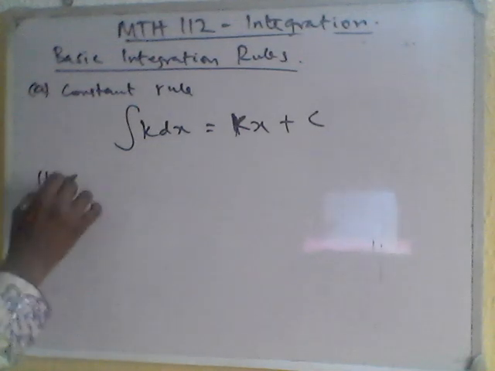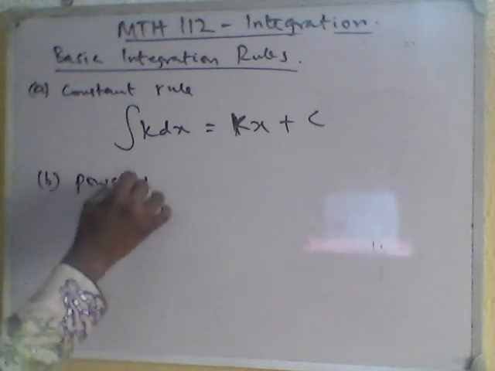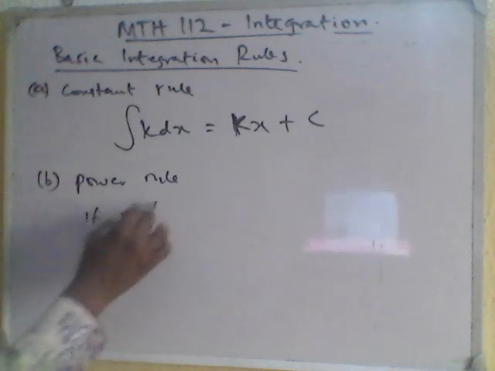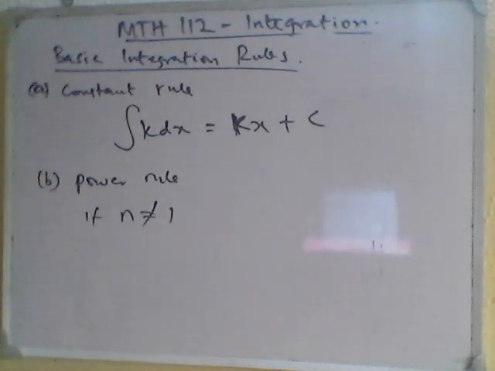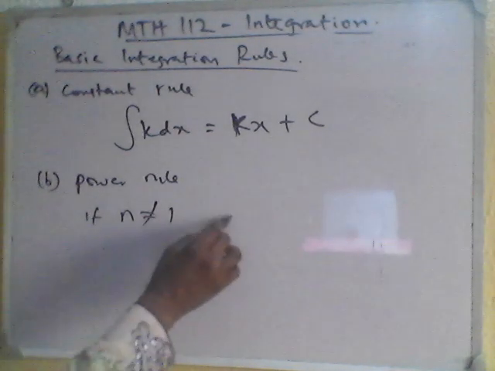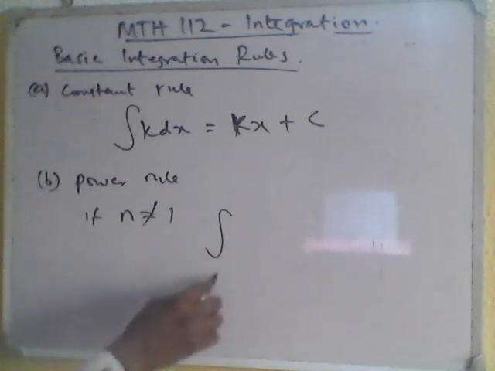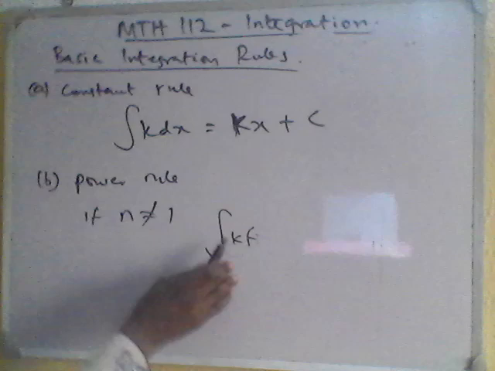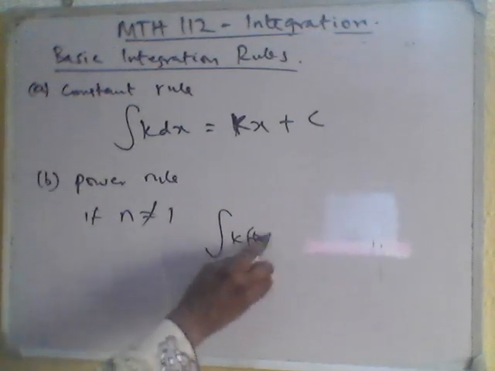Then for the multiple rule, I will have to integrate k f of x dx. What that means is k is the constant, then f of x is the function inside, right?